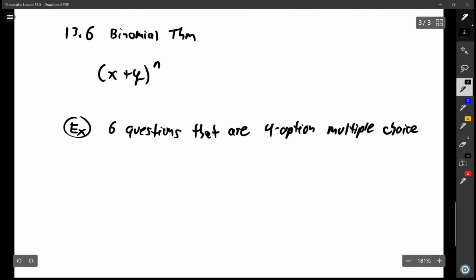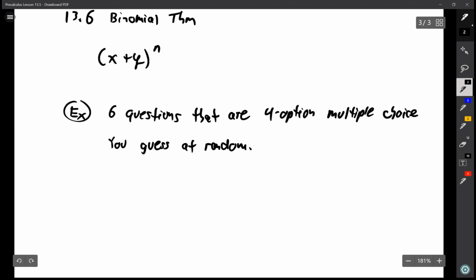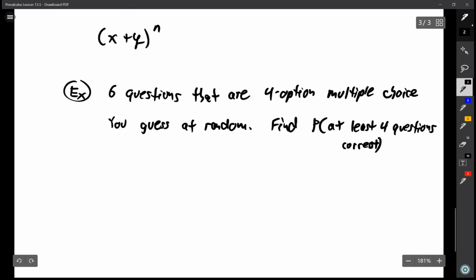And we want to find, we'll say you guess at random, find P of at least 4 questions correct.